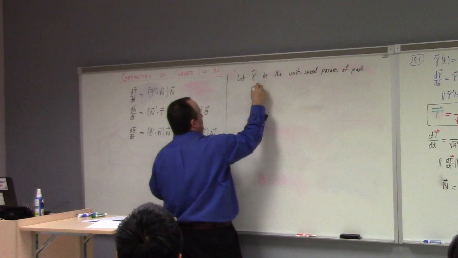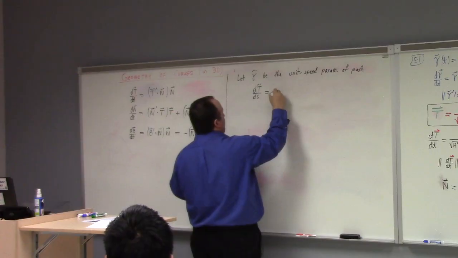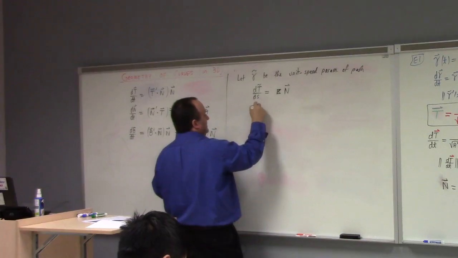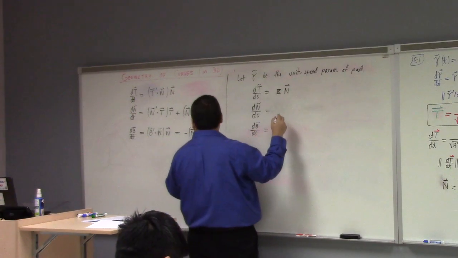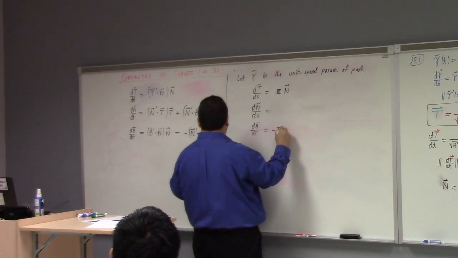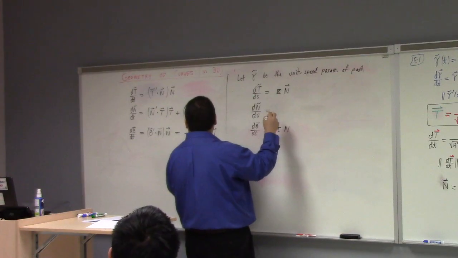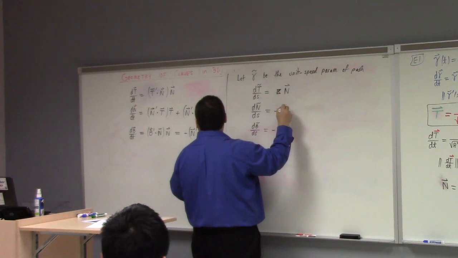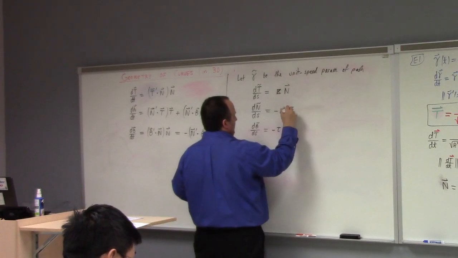Then we say that dt tilde ds is equal to kappa times n, and dn tilde ds is minus kappa times t plus tau times b, and dB tilde ds is minus tau times n. I guess these are supposed to be tildes.